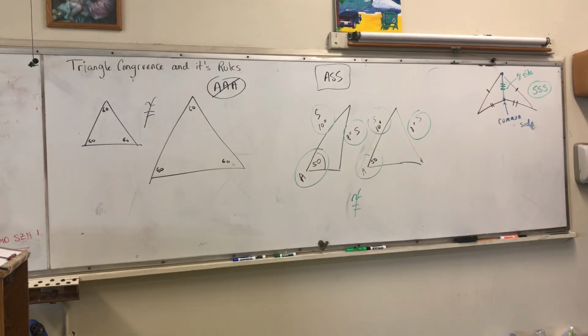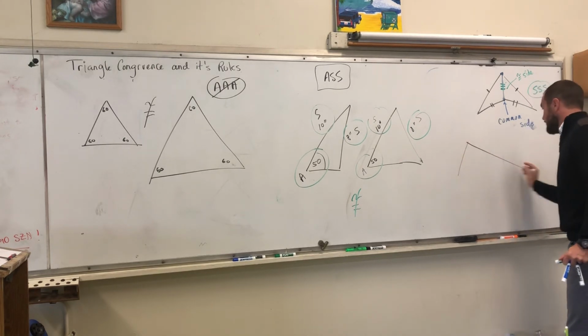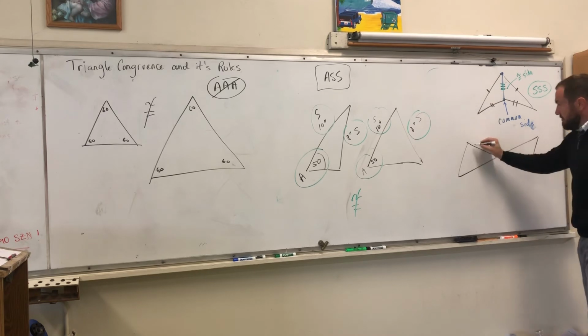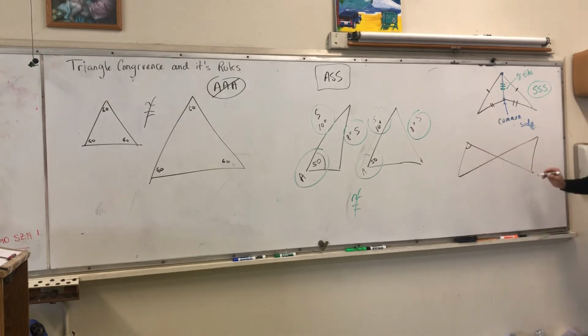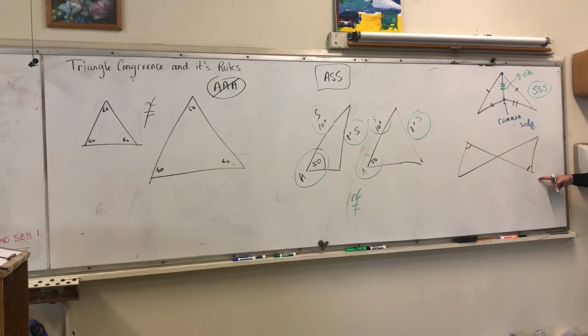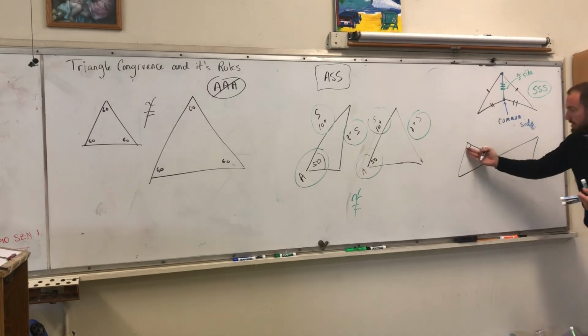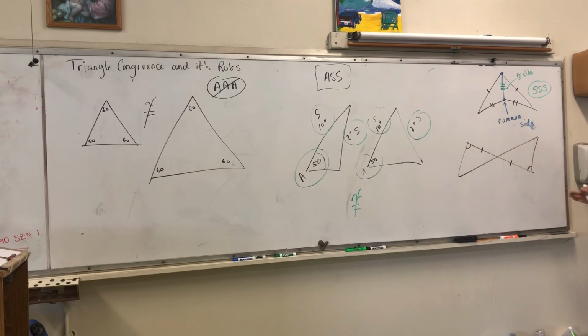Another hidden feature you might see is that they may give you an angle and an angle, single arc telling me these two angles are the same, and they may give me a congruent side here, and say, oh, okay, I have angle, I have side. I have angle, I have side. I don't know where to go with this.